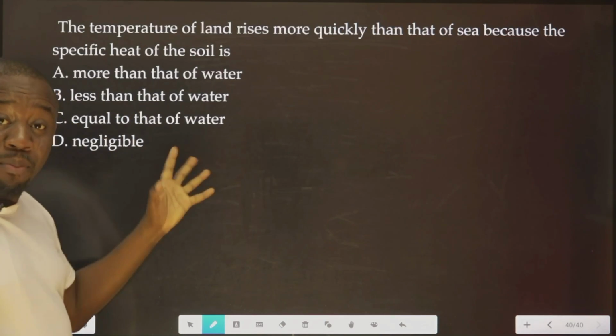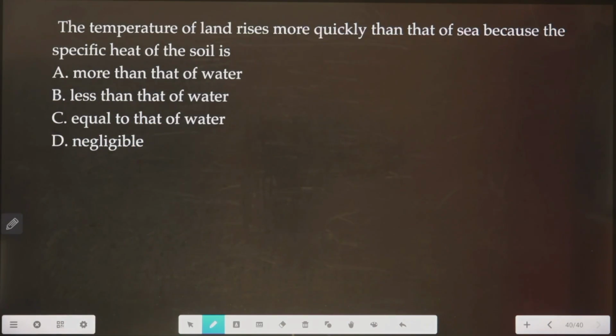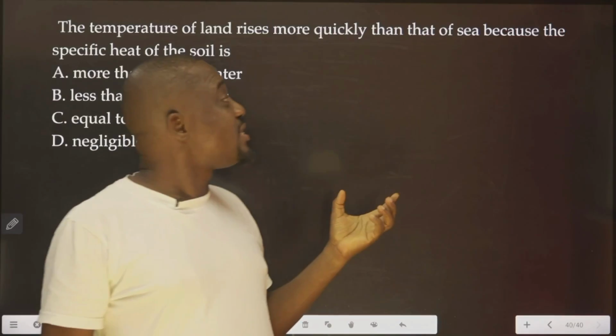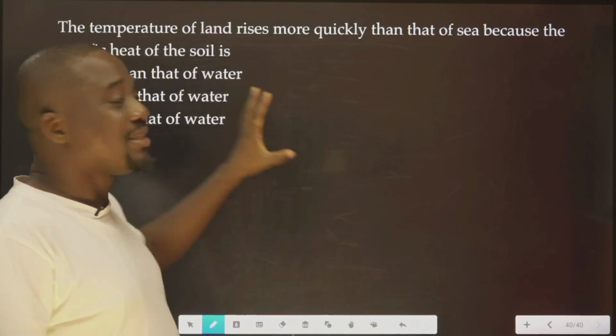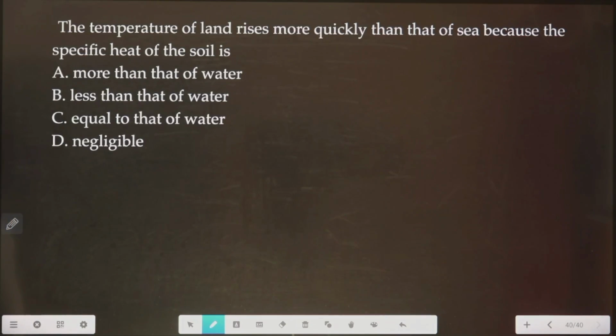Look at this. The temperature of land rises more quickly than that of sea because the specific heat of the soil is more than that of water, less than that of water, equal to that of water, negligible. The specific heat capacity of land is lower than that of water. That is the reason why it will heat up faster than water.